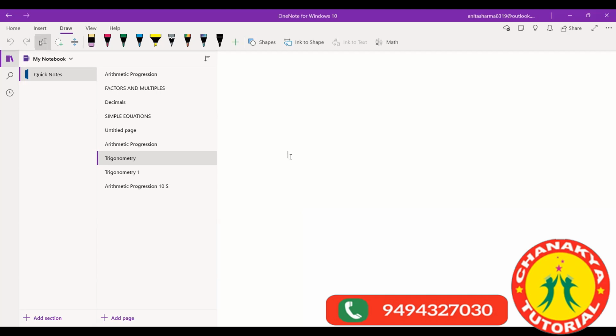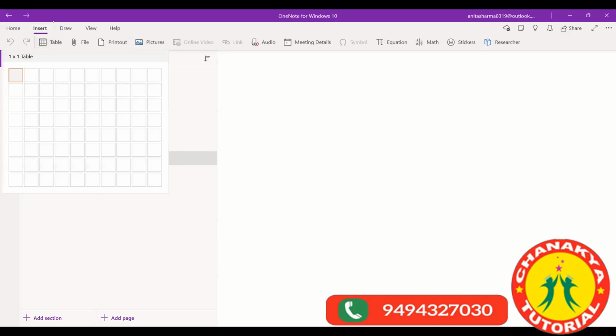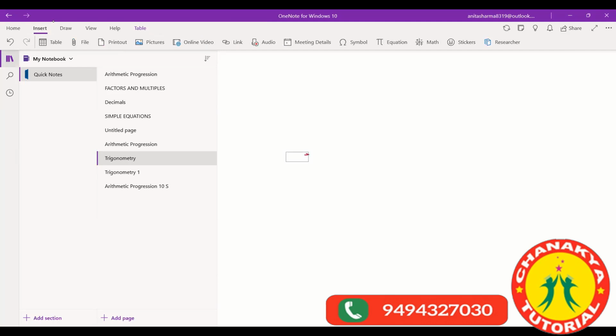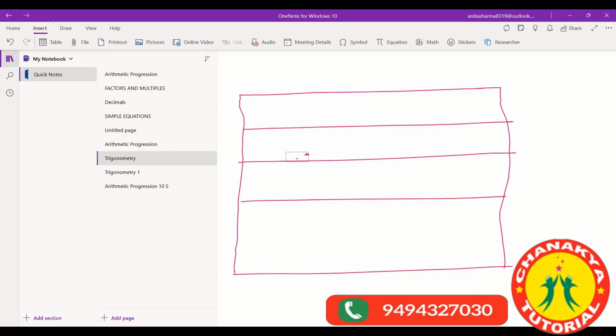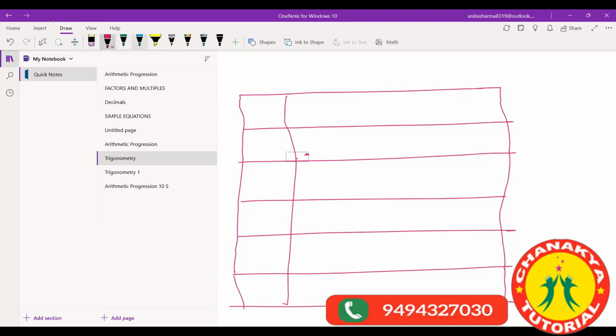Okay, now see, I'm going to explain the table again. Here is the angle theta and here are the trigonometry ratios.